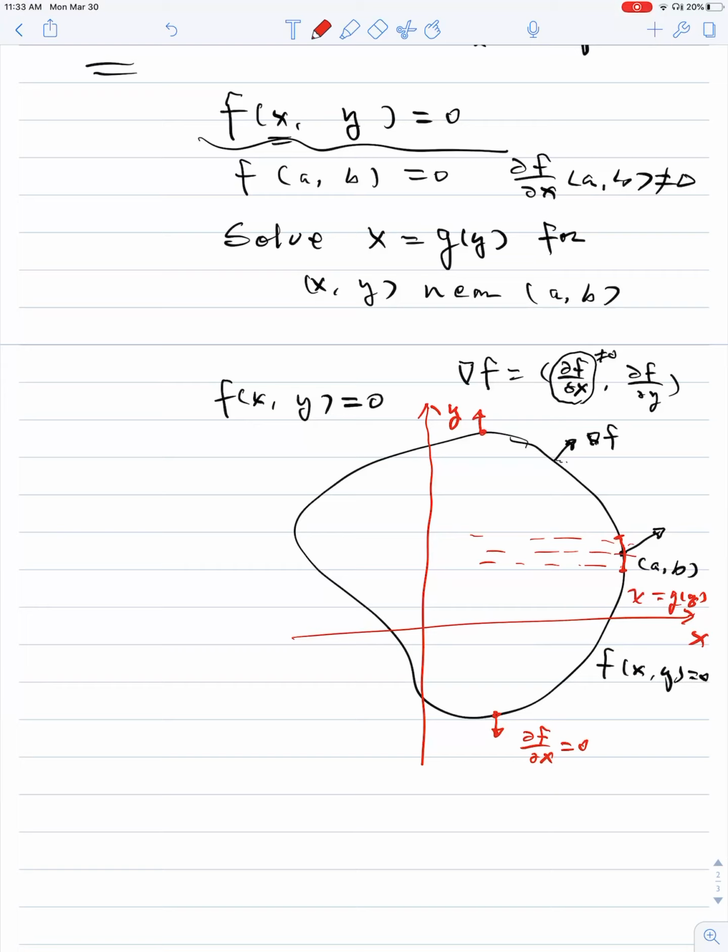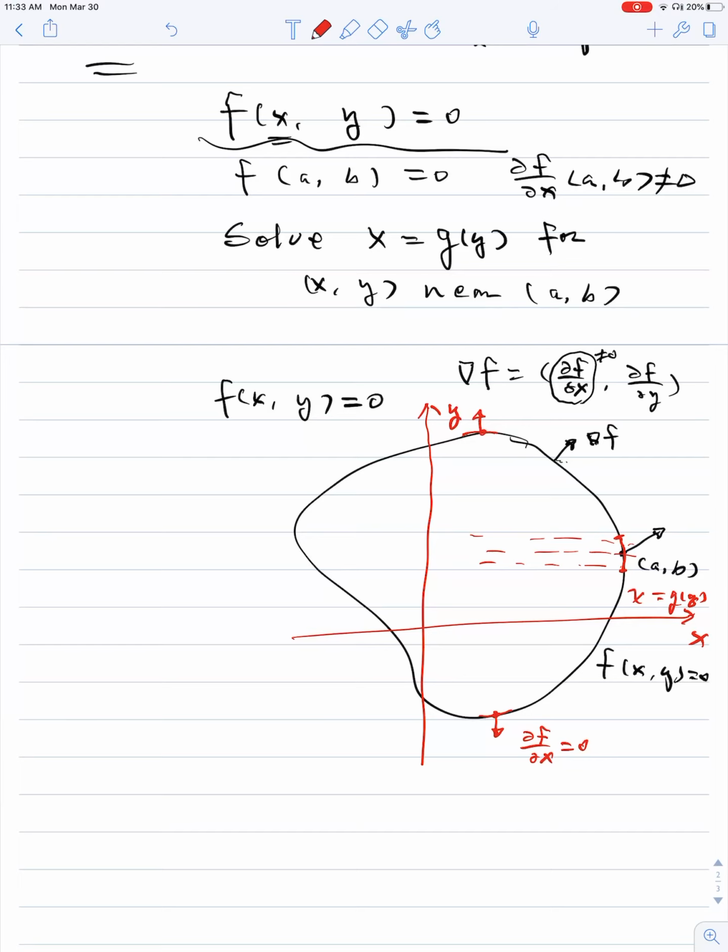This gradient has the x component equal to 0. The gradient is vertical. So near here, you will not be able to find a function x in terms of y. Of course, you can find a function y in terms of x near these points, but not x in terms of y. So that is the statement of the theorem.